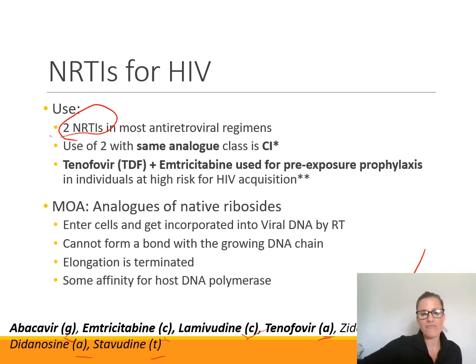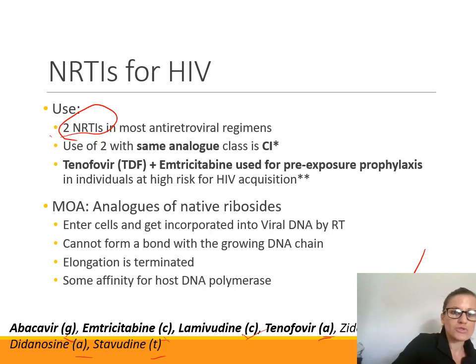Okay, I've bolded those first 4 because those are the typical agents that are used. Those are the most commonly used agents. The others are not used nearly as much. So I've bolded those 4 as ones that you should really know. You should be comfortable with those.